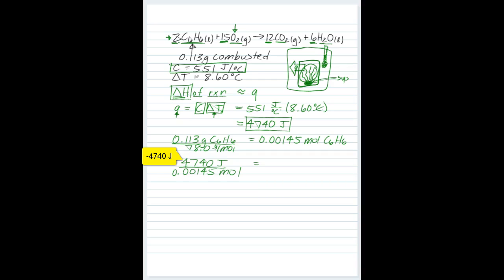So if we do that calculation, what we get is a per mole value.